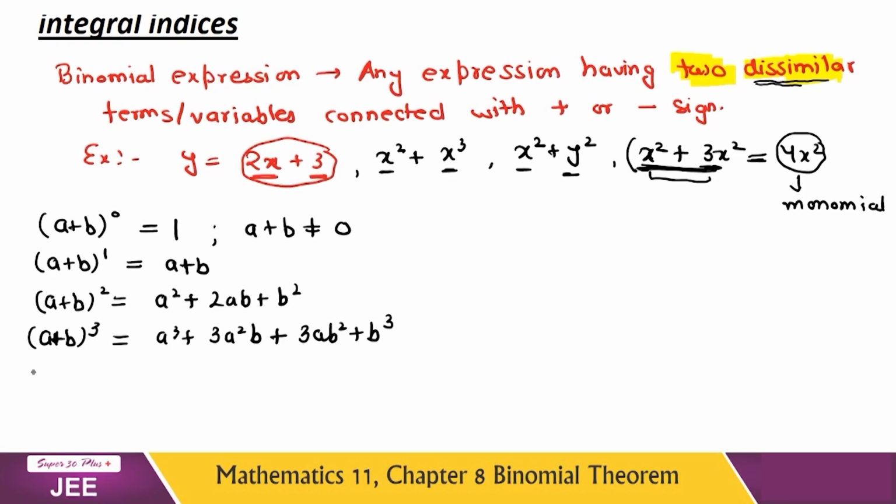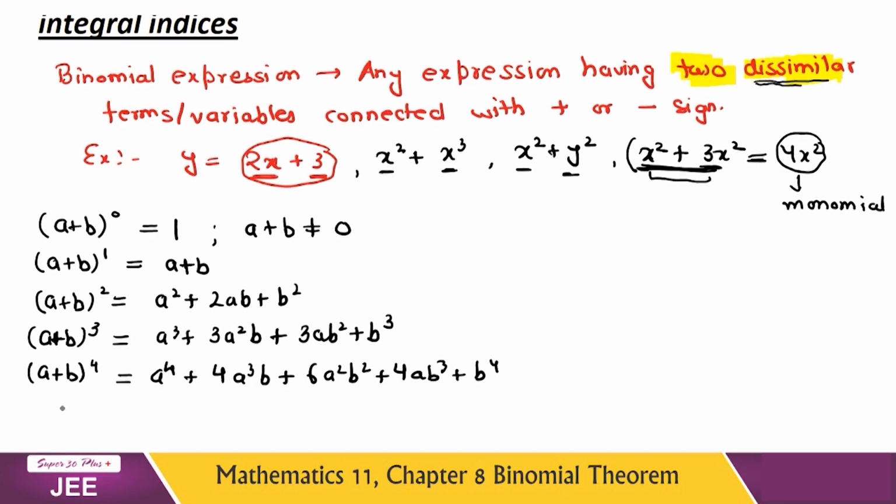Now I can even write (a plus b) whole raised to the power 4. This will be equal to a raised to the power 4 plus 4a cube b plus 6a square b square plus 4ab cube plus b raised to the power 4.